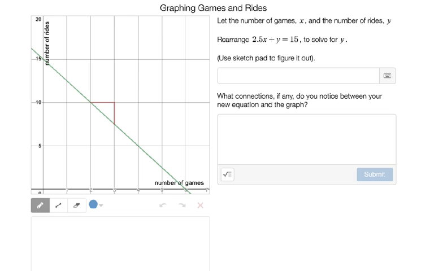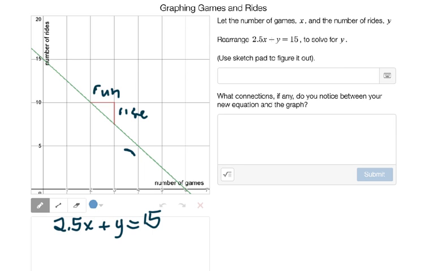Notice they've got this little slope triangle, this rise over run. We talked about that. Now let's take a look. Let the number of games, there's my equation. Now it says, let's rearrange this to solve for y. So I'm going to do that right down here. I have 2.5x plus y is equal to 15.